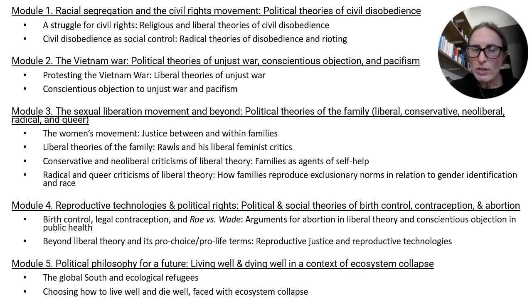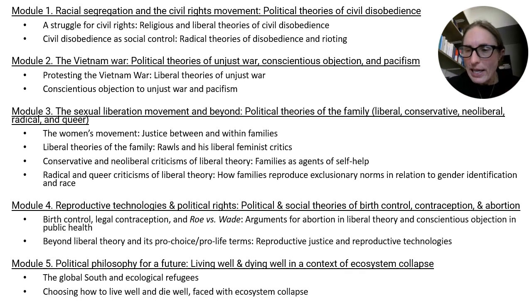We'll move beyond liberal theory and its pro-choice, pro-life terms to think about these same issues in the context of reproductive justice, because birth control technologies and clinics in America also had a seedy history, an undesirable past linked to genocidal fears in the birth clinics targeting black families.